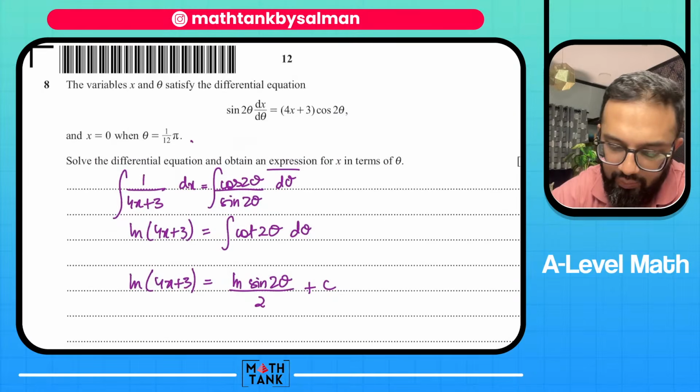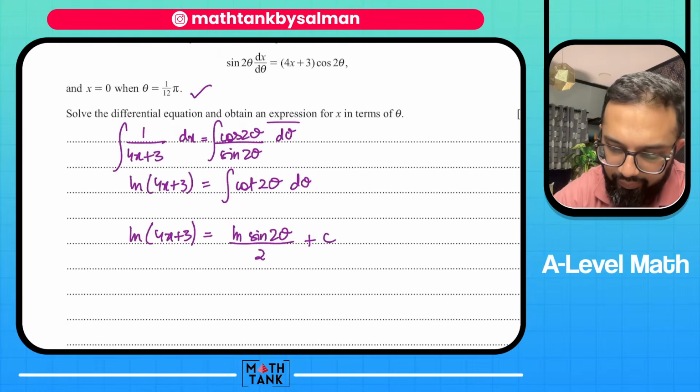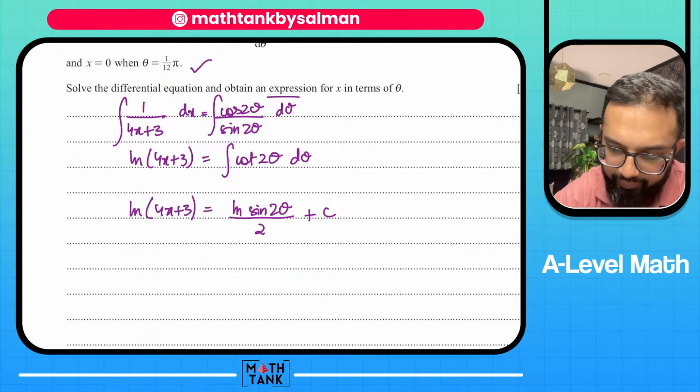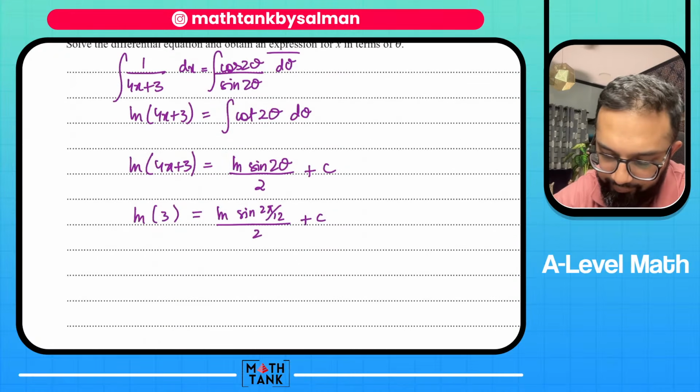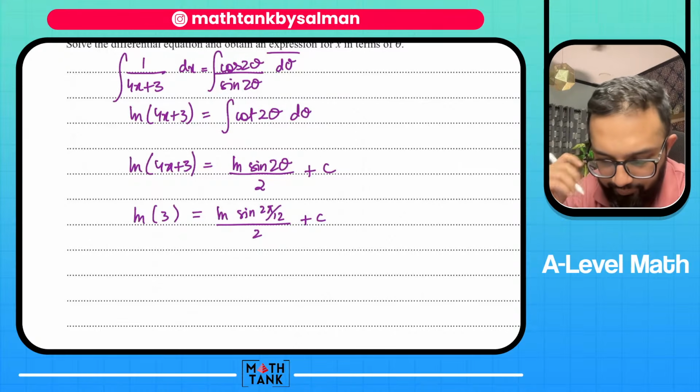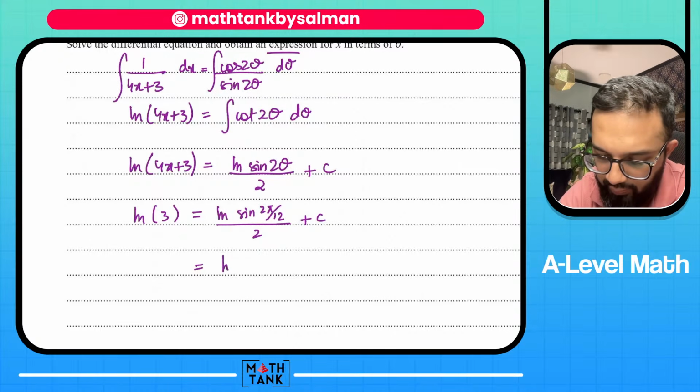When x is 0 and theta is pi over 12, x is 0, so that gives me ln 3 equals ln sine (2 pi over 12) over 2, plus c. That gives me ln half over 2 plus c.